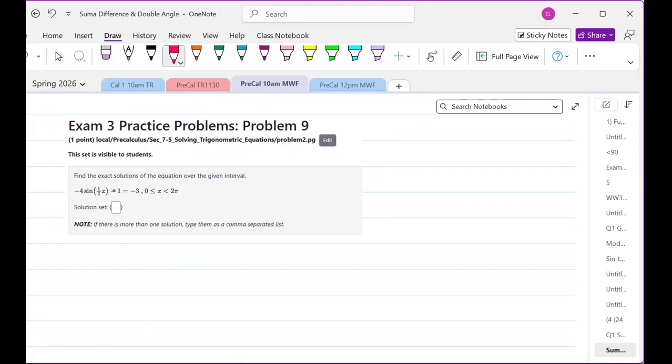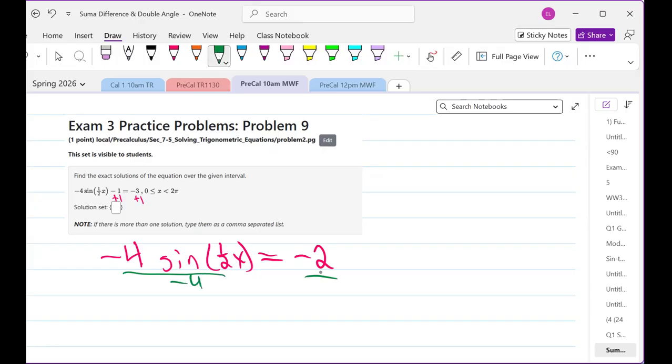So the first thing I'm going to get rid of is the one that's being minused. I'm going to add 1 to both sides. So I have -4 sine of 1/2 x equals -2. Next, I divide by the -4, so now sine of 1/2 x equals 1/2.